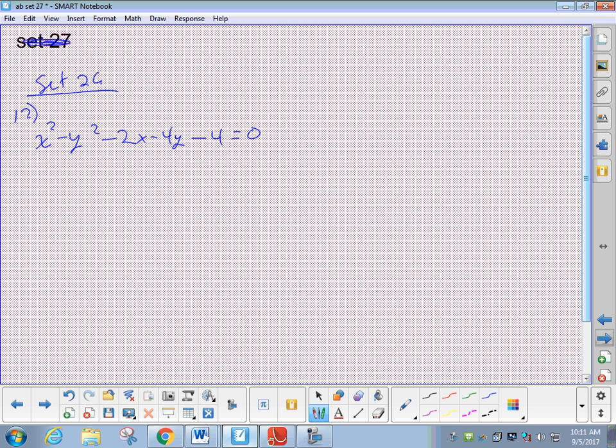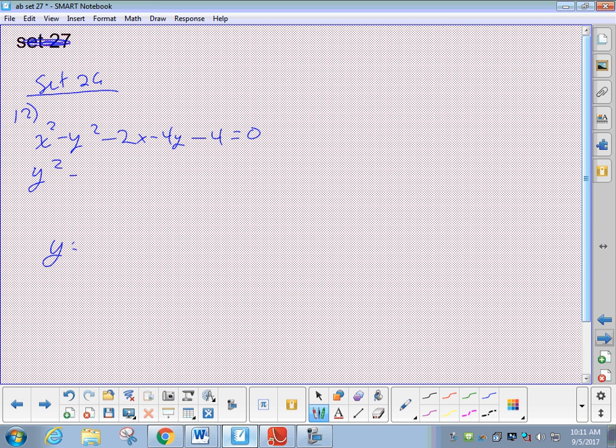Okay, so I want to be able to put this in the function mode of my calculator. This is pretty common that you would want to do this. This is not a function, it's a mess. So you're trying to solve for y.